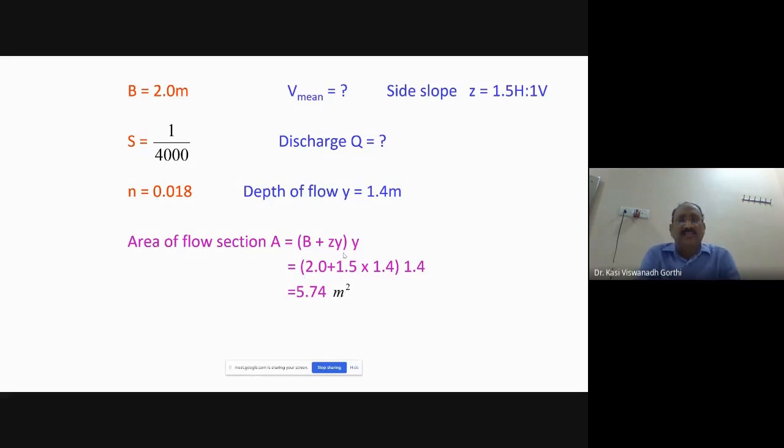So it is BY plus half ZY square plus half ZY square, which is B plus ZY into Y. Substitute all the values: B 2.0 meters bed width, Z 1.5, Y the depth of flow 1.4. So 2.0 plus 1.5 into 1.4, multiplied by Y 1.4. You have now got the wetted area capital A.